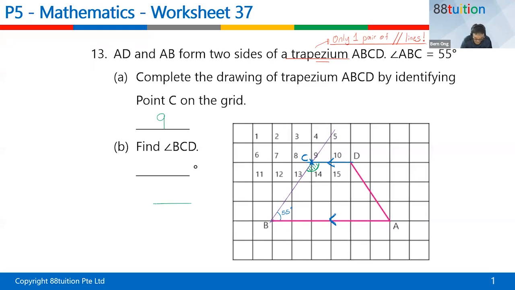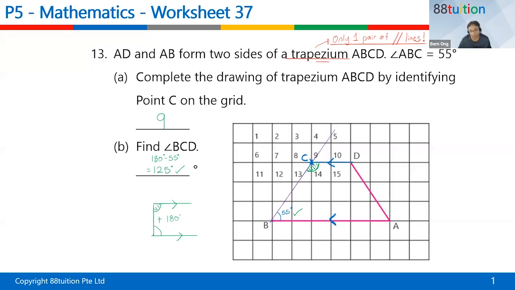When this one and this one are parallel, these two angles add up together to form 180 degrees. Because we know that it is 55 degrees, angle BCD is 180 degrees minus 55 degrees. The answer is 125 degrees. Is that okay?